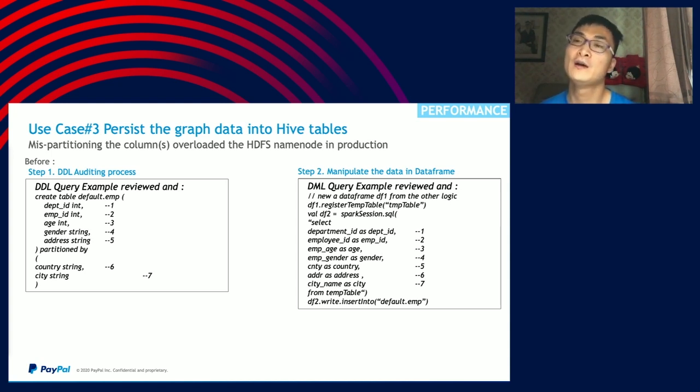After that, we will run a select query against this temp table. And here you can see we will rename the columns in the DataFrame to the corresponding column names of the Hive table to make sure the column names match.